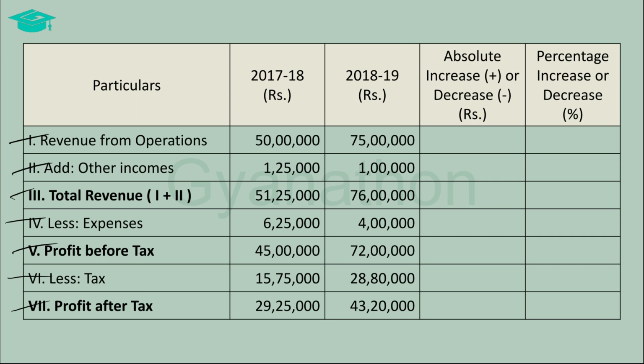Now let us do the calculation for the comparative statements. Firstly, as the first column indicates, we will calculate the absolute increase or decrease for the second year by deducting the first year figures from the second year figures. So, for revenue from operations, we deduct 50 lakhs from 75 lakhs. That is, 75 lakhs minus 50 lakhs is equal to 25 lakhs.